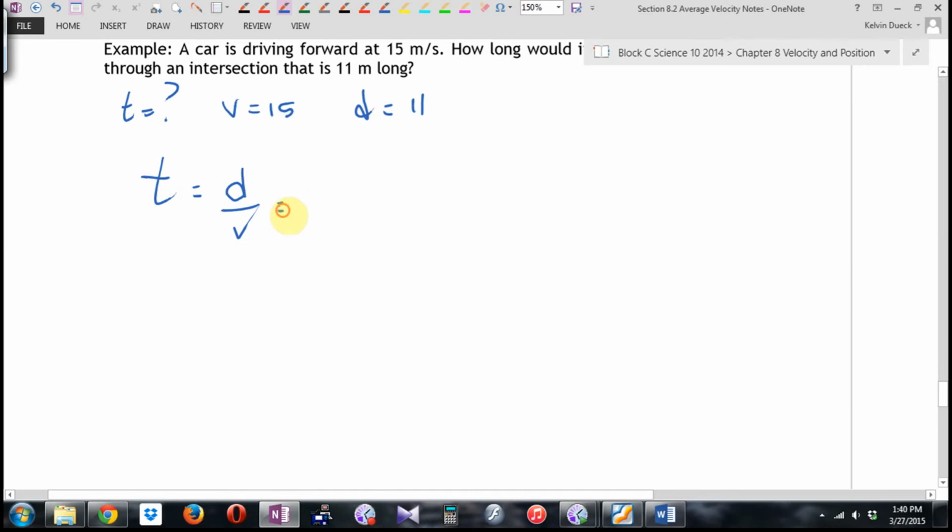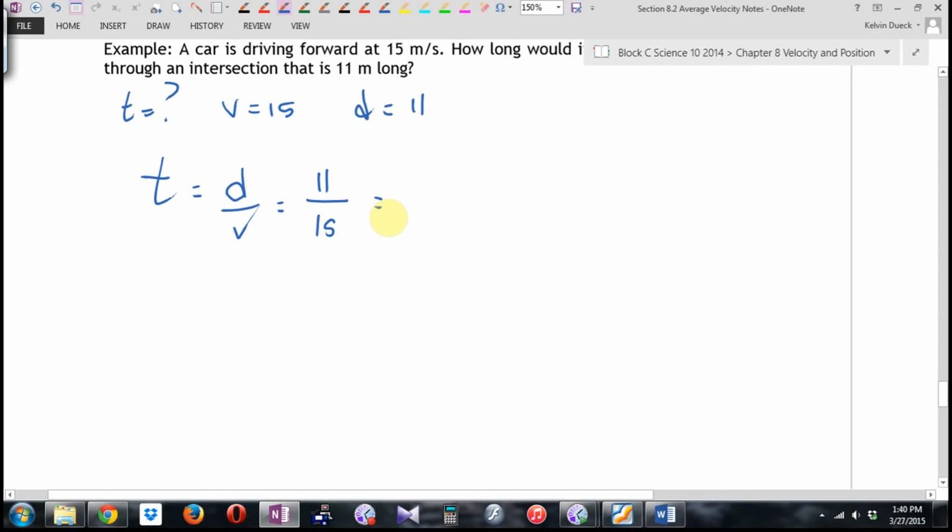Keep going, Julie. What is the distance in this question, kiddo? Julia, sorry. What is the distance in this question? Yeah, I listed it. That's why I listed it. What is the distance? It's listed there. Yep. What's the velocity? 11 divided by 15.